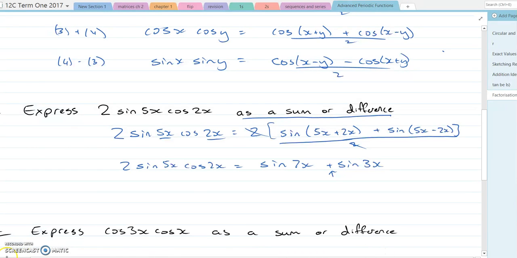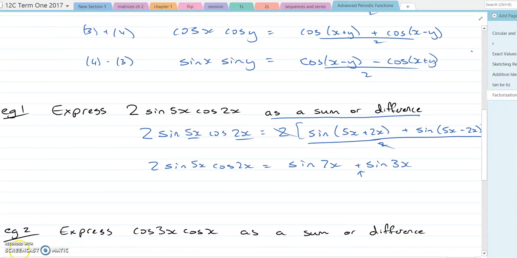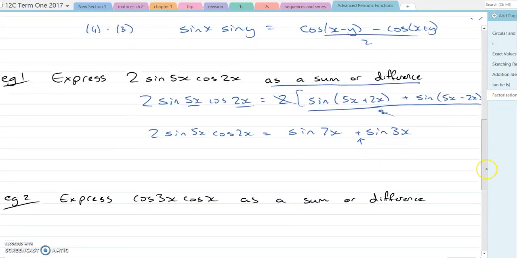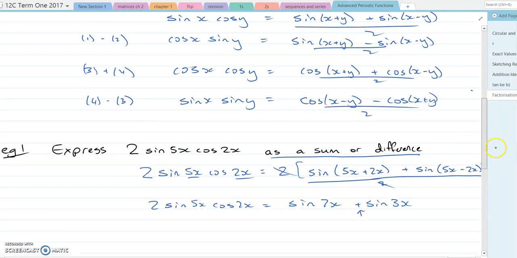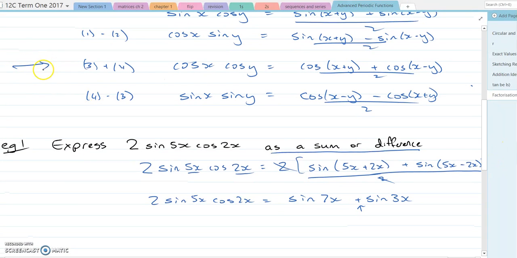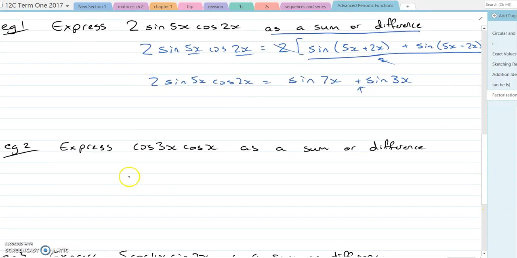We've got a couple more. Actually, we've got 3 more because there are 4 different types here. The cos one is the double cos. So it's going to be cos of x plus y plus cos of x minus y. Pretty straightforward. Cos of 3x cos of x equals cos of x plus y plus cos of x minus y over 2.